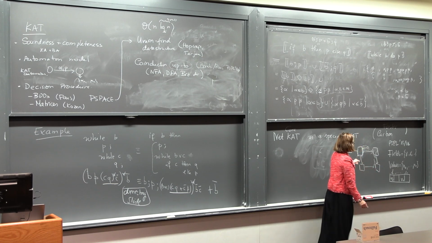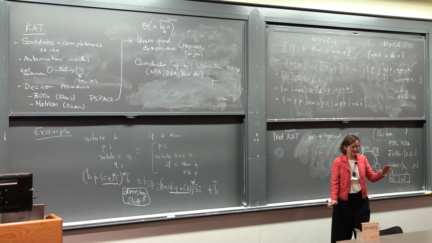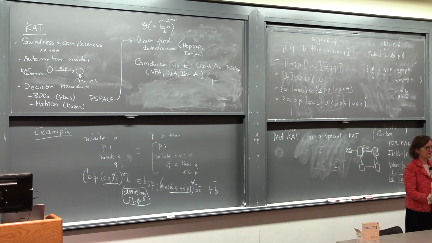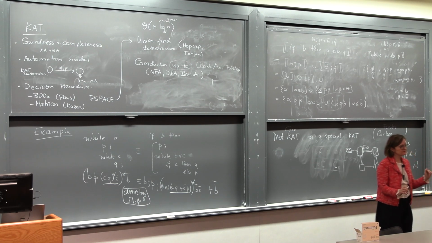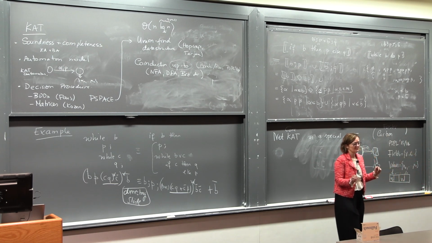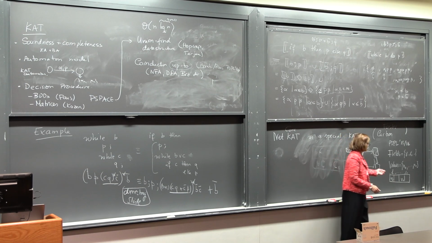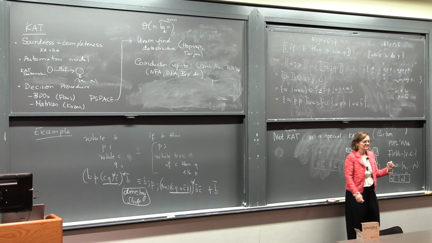Or maybe one of these nodes is some sort of firewall, and it says, if a packet comes in of type SSH, do this. If the type of the packet is something else, drop it. So I want to capture the fact that these nodes are able to test the values in my packet.